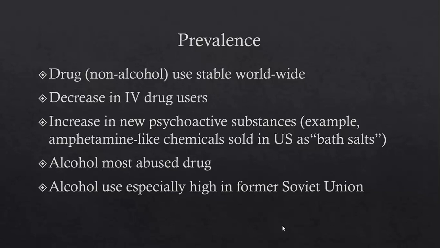So those are some of the newer substances that are harder to regulate in the U.S. That sometimes can make it hard for law enforcement officials and court officials to regulate them, because it's so hard for them to stay on top of what substances people are abusing. So when these new substances become popular, it takes a while for the laws to catch up and ban them. And so for a while, they can actually be sold legally.